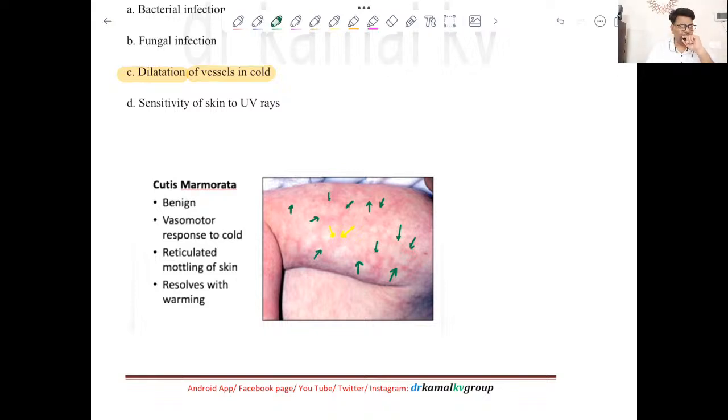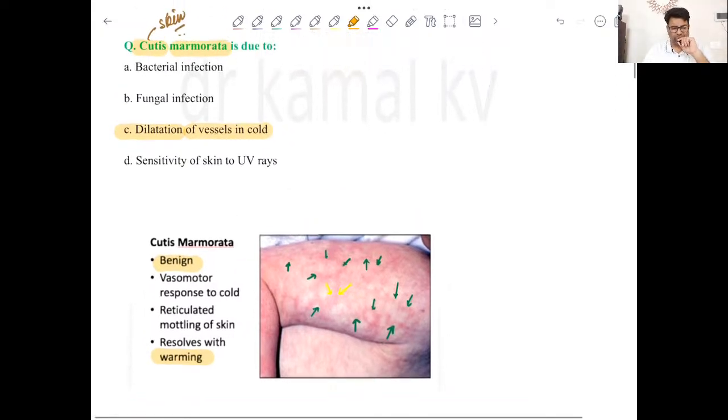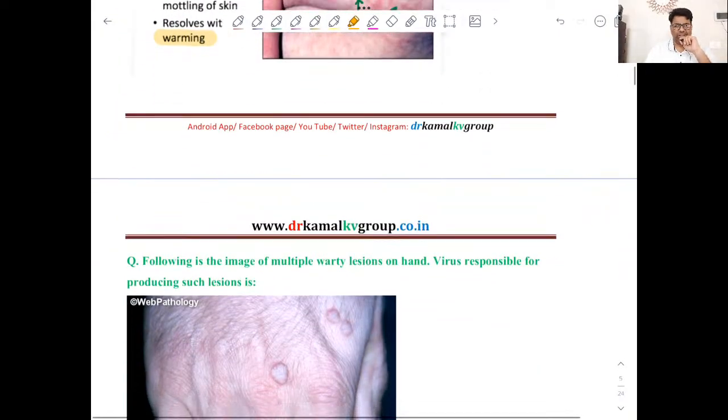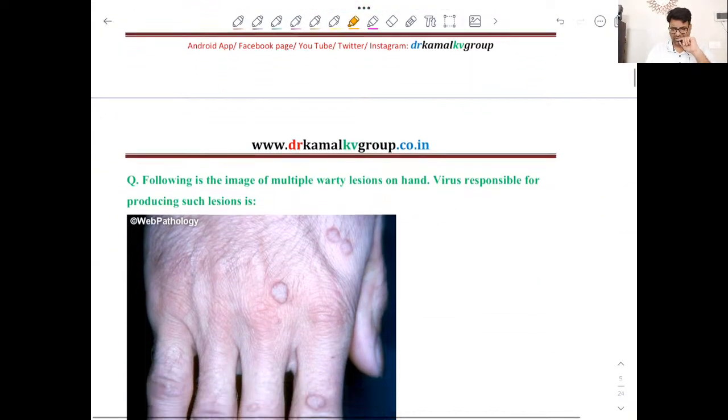And we need not worry, just warm the child and the condition will resolve, right? So this is a benign condition, not to worry about it. It is not an important question as such, but I just kept it because I thought it was a unique presentation.